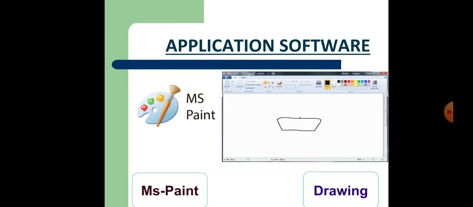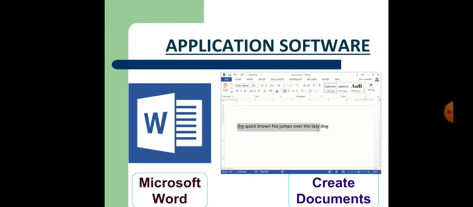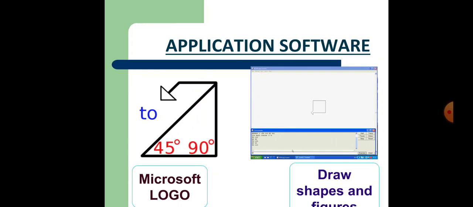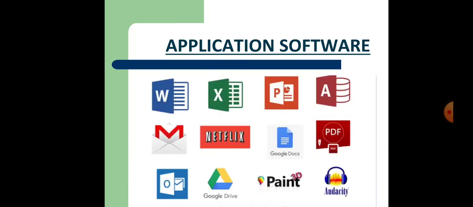Similarly, if your teacher wants to create a question paper or any other document, he or she will choose Microsoft Word. Similarly, there are many application software available for every particular task. There are a variety of application software on your desktop computer, laptop computer, and also on your smartphones.